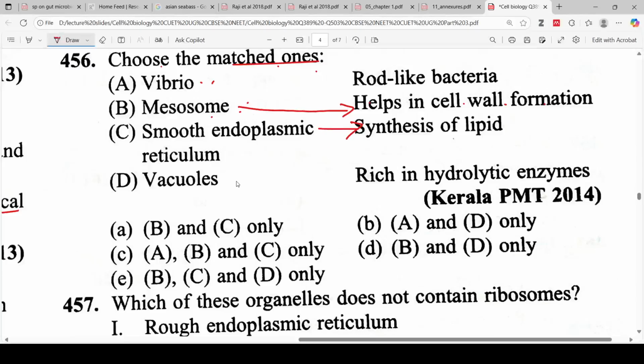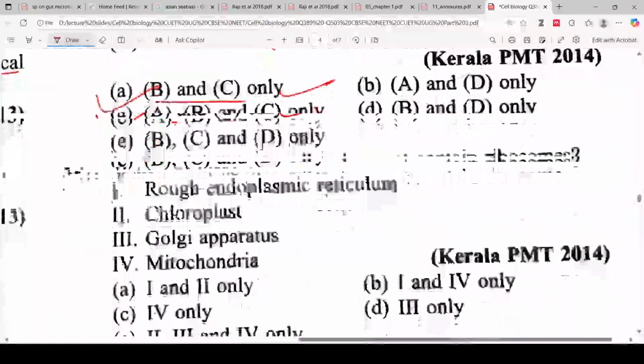The others are not matching. So only B and C correctly match. So B and C will be the correct answer. Next question.